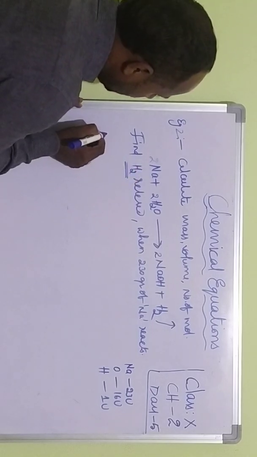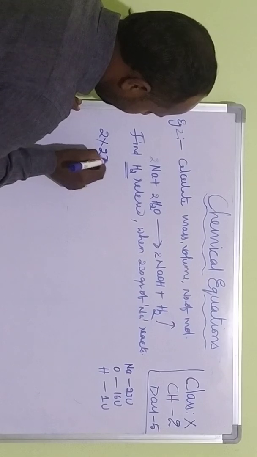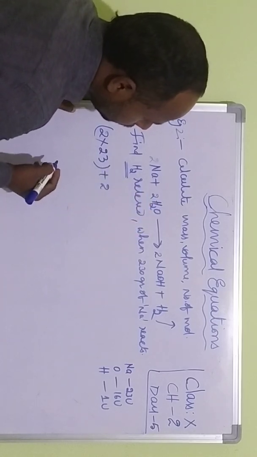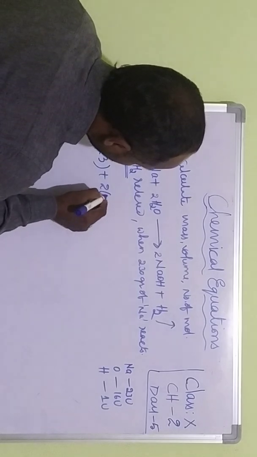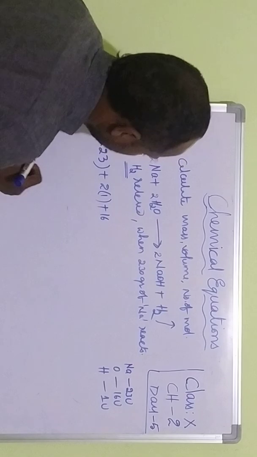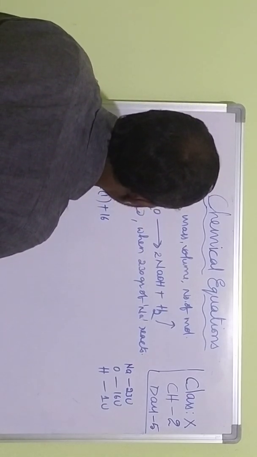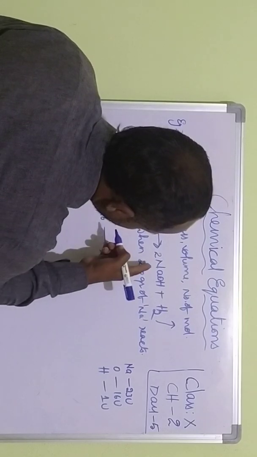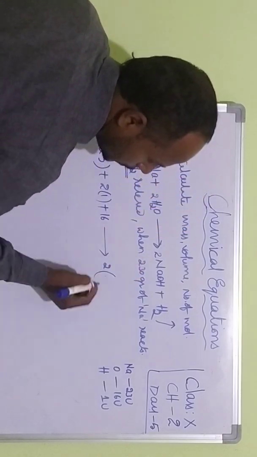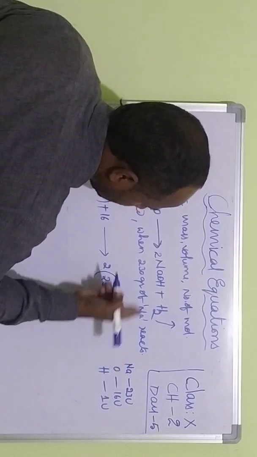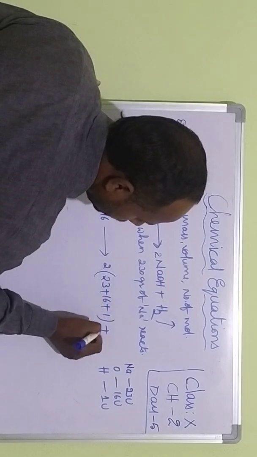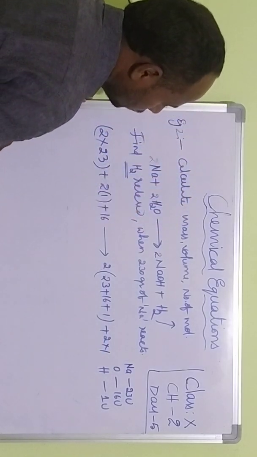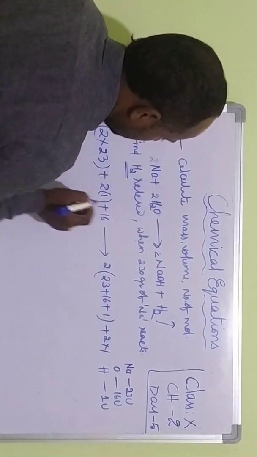Before going to that, 2 into 23 plus 2 into 1 plus 16, then 2 into sodium 23, and oxygen 16 and hydrogen 1, 2 into 1 is 2, plus 2 into 16, 32.